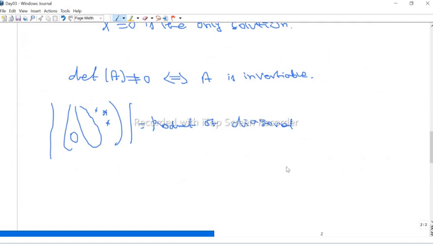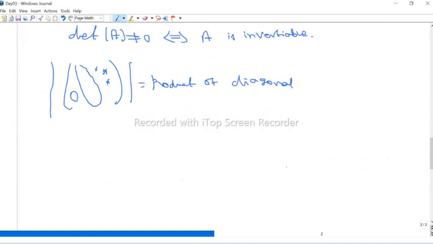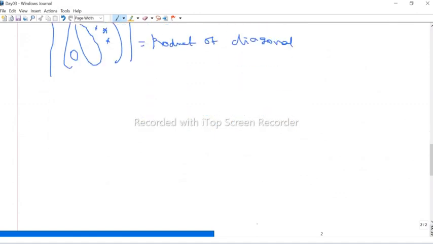And suppose you take a non-homogeneous equation Ax equal to B. Again, if A is invertible, then the system has a unique solution.